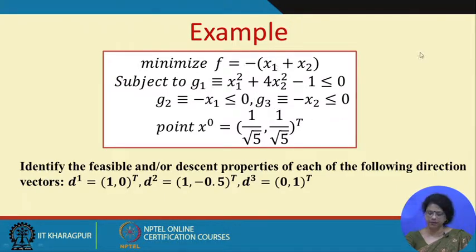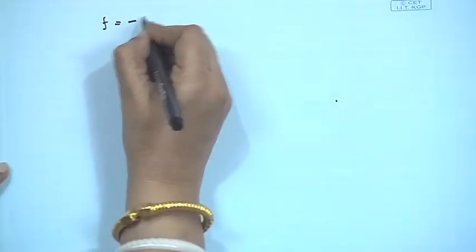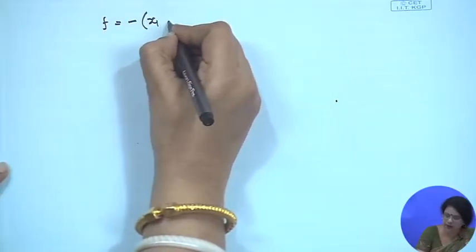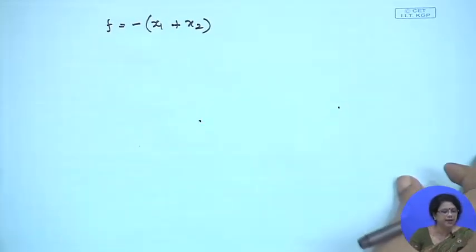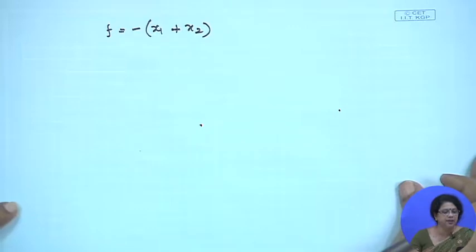There one optimization problem has been given as f equal to minus x1 plus x2, and three constraints are given.